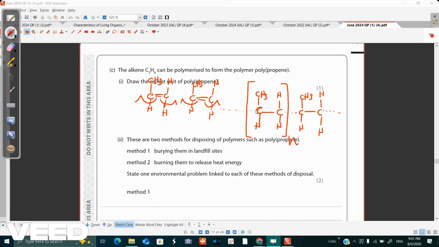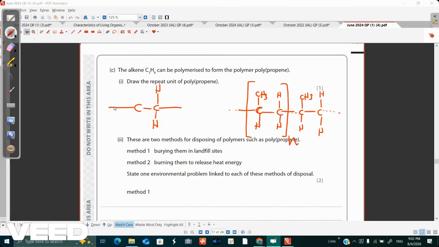But remember, this one must be here. You must show this carbon is connected to the other neighboring carbon from the back end and front end. Otherwise, your answer is wrong. So this one must go beyond the bracket. If you are doing it right, this is the perfect answer. Even at A level, this is the correct one.